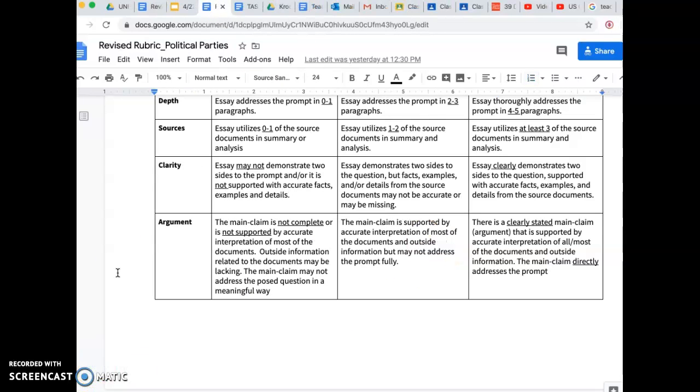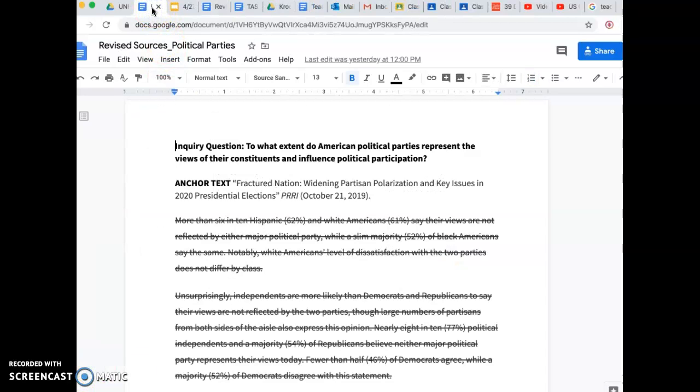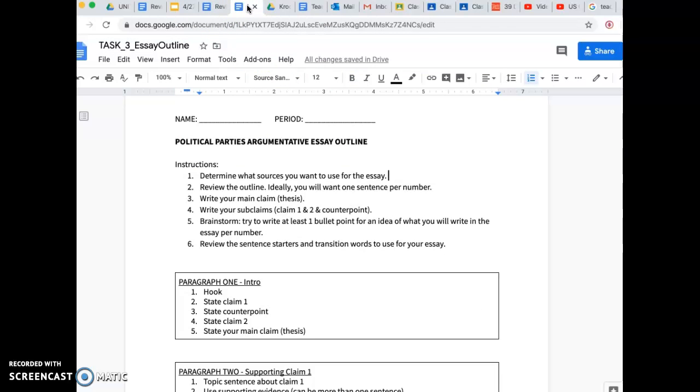And we can access that by checking out the revised sources of the political parties unit that we're doing right now, which is the inquiry question, to what extent do American political parties represent the views of their constituents and influence political participation? By now, we've worked with this question enough to know that it is a 2-part question, and it's going to be important to get full points. In order to get full points, you need to answer both parts of that question and look at their relationship.